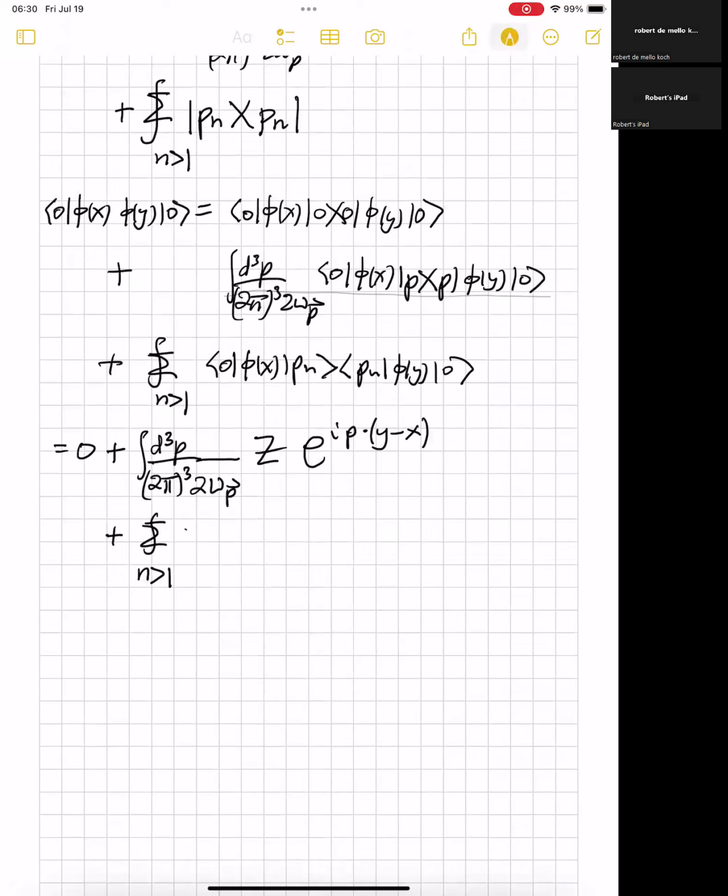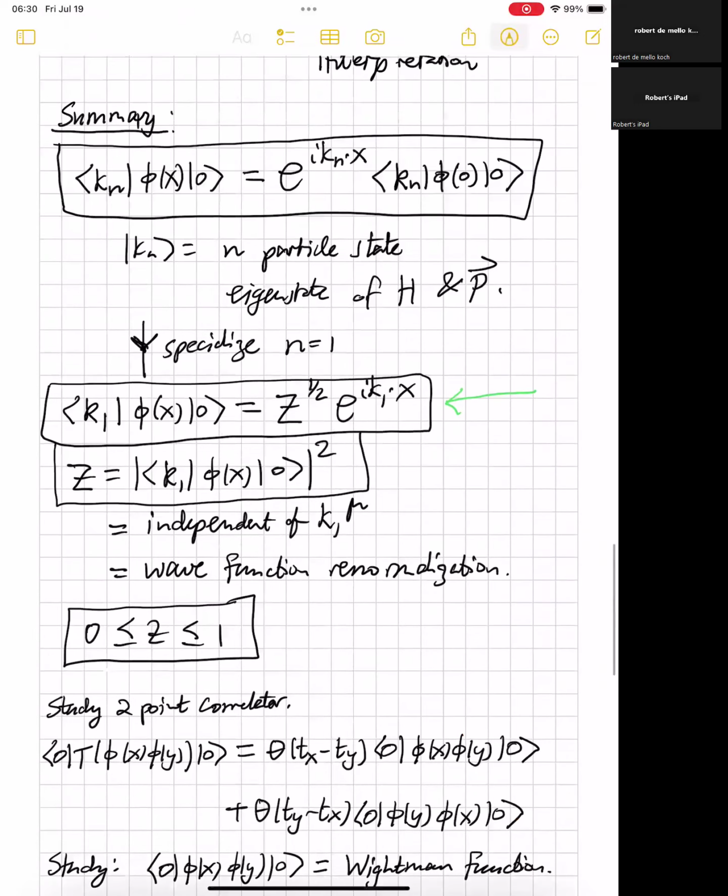Well, we would have e to the i pn dot x minus y, and then we would have the magnitude of this matrix element, by 0 and 0. Because you see, look at the box.